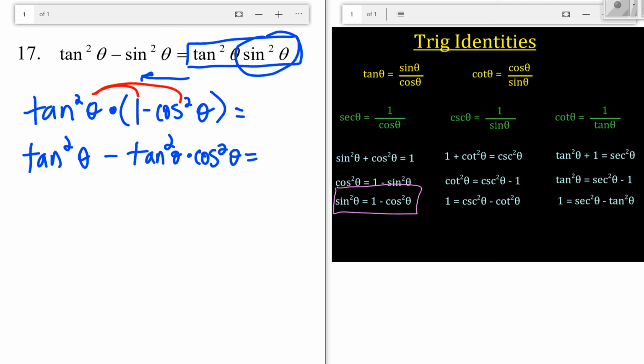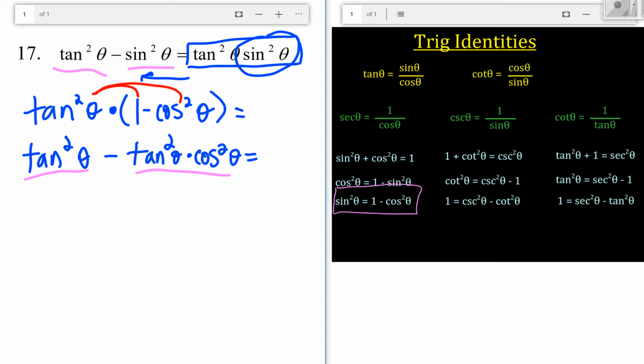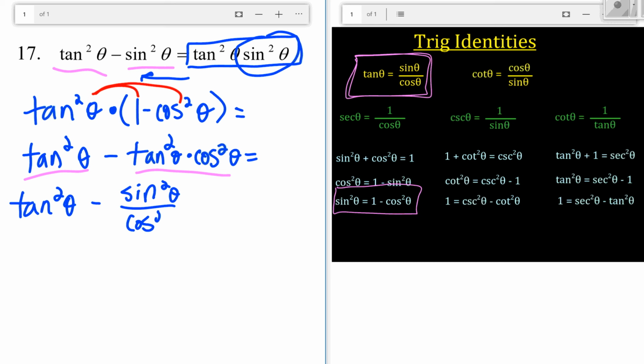Okay, so we're pretty close. We've got tangent squared minus sine squared on the left, and here we have tangent squared minus something, so we just need to turn that something into sine squared. I'm going to use the trig identity that tangent theta is sine theta over cosine theta. So I'll rewrite this as tangent squared theta minus sine squared theta over cosine squared theta times cosine squared theta.